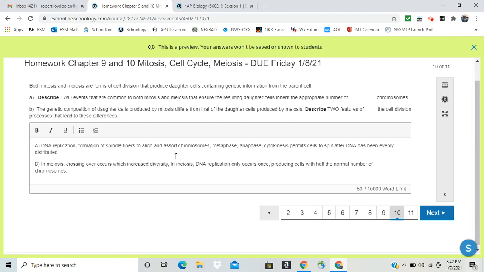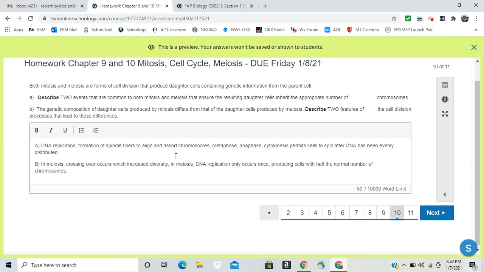Okay. Letter B tells us that the genetic composition of daughter cells produced by mitosis differ from that of daughter cells produced by meiosis. Describe 2 features of the cell division processes that lead to these differences. So the first one in meiosis is crossing over, which leads to increased diversity. The other thing is that in meiosis, DNA replication only occurs once. So you're going to wind up producing cells that have half the normal number of chromosomes.